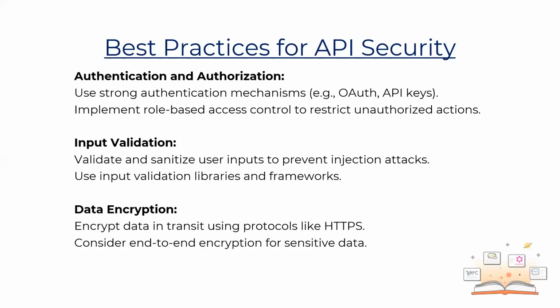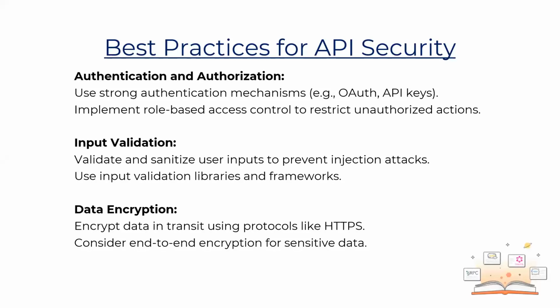So we have data encryption. It is very, very important these days to encrypt data that is being displayed on the web. Everything that happens on the web now leaves a footprint, right? Anything you do leaves a footprint. But how do you minimize this footprint on the web? Use encryption. Encrypt data in transit using protocols like HTTPS.